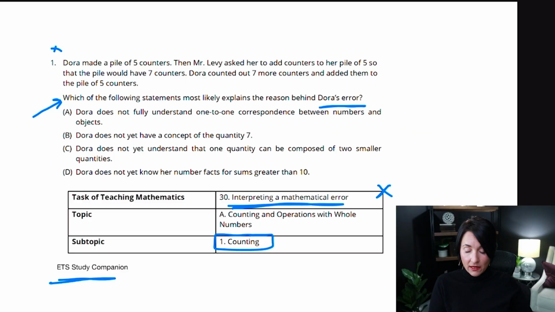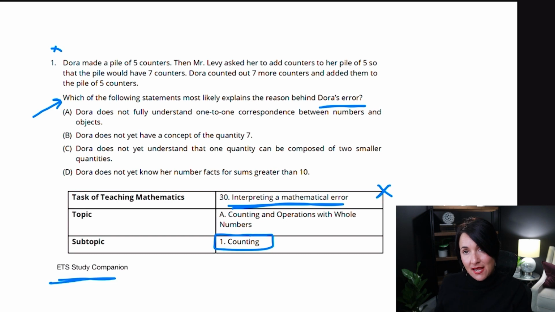So Dora made a pile of 5 counters. Then Mr. Levi asked her to add counters to her pile of 5 so the pile would have 7 counters. Dora counted out 7 more counters and added them to the pile of 5 counters. So right away, I know what the error is, right? He's asking for her pile to total 7.